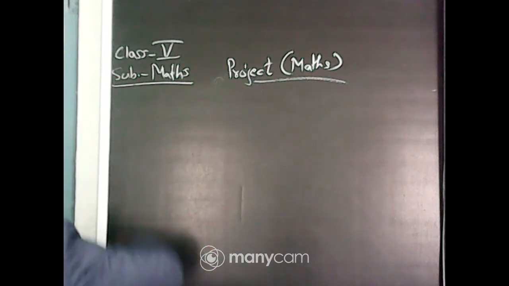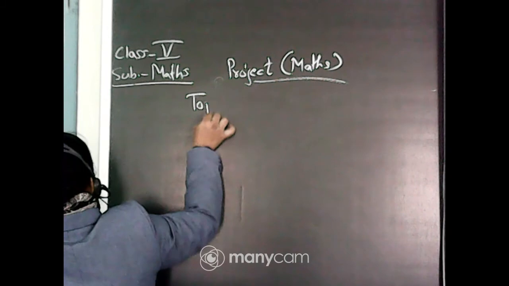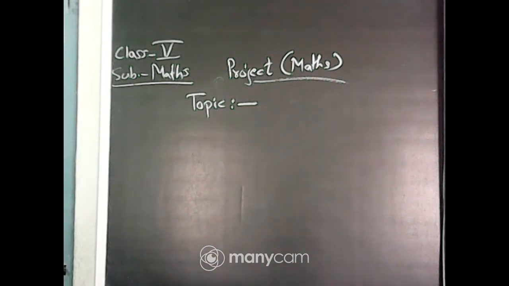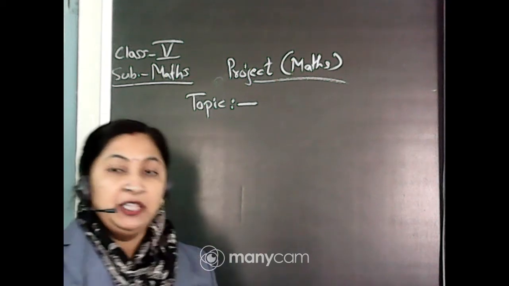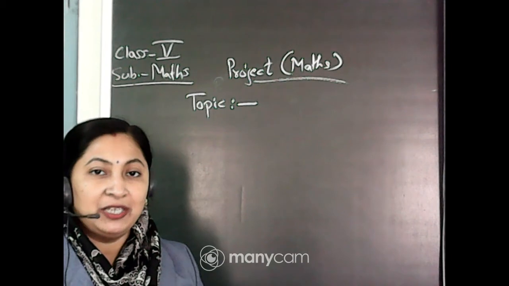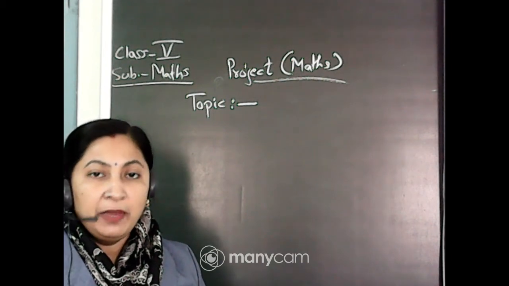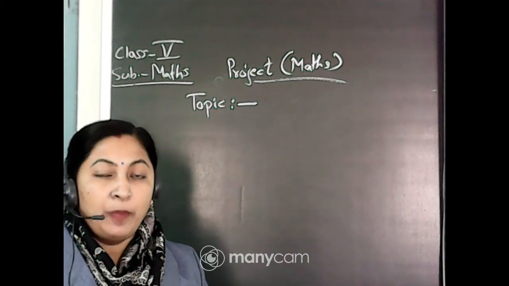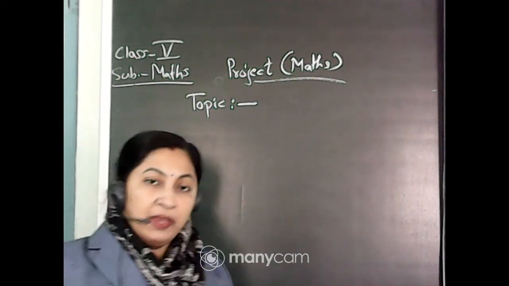First, write the topic of the project. Listen, as you have done in class 4, on the first page you write the school name, then your name, your class, your section, your roll number. Roll number you don't know, so leave it. And then the subject, then the topic of the project you have made.